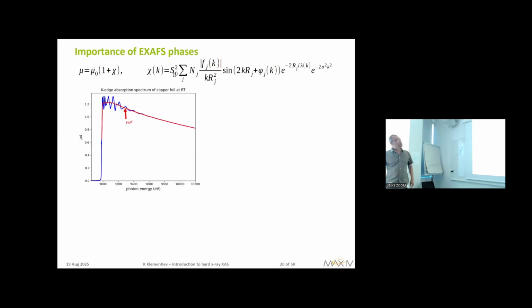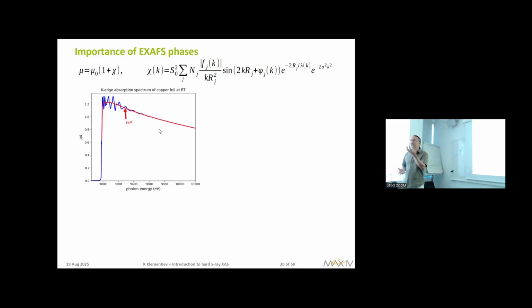Okay, so let's take these formulas and look at our absorption spectrum. This is again a copper foil. The blue is what we measure, and the red, this hypothetical mu 0, we don't know. But we know this is a smooth function. This is what an isolated copper atom would have.